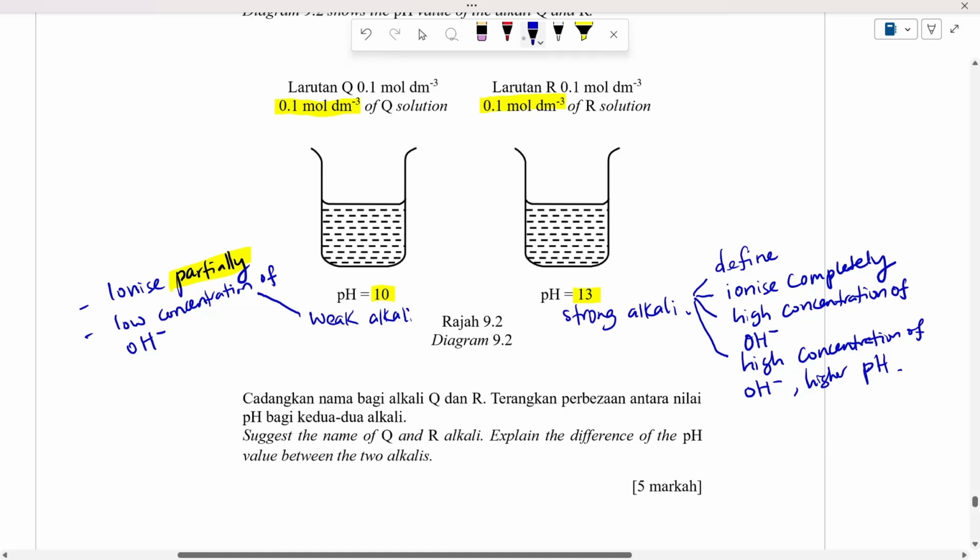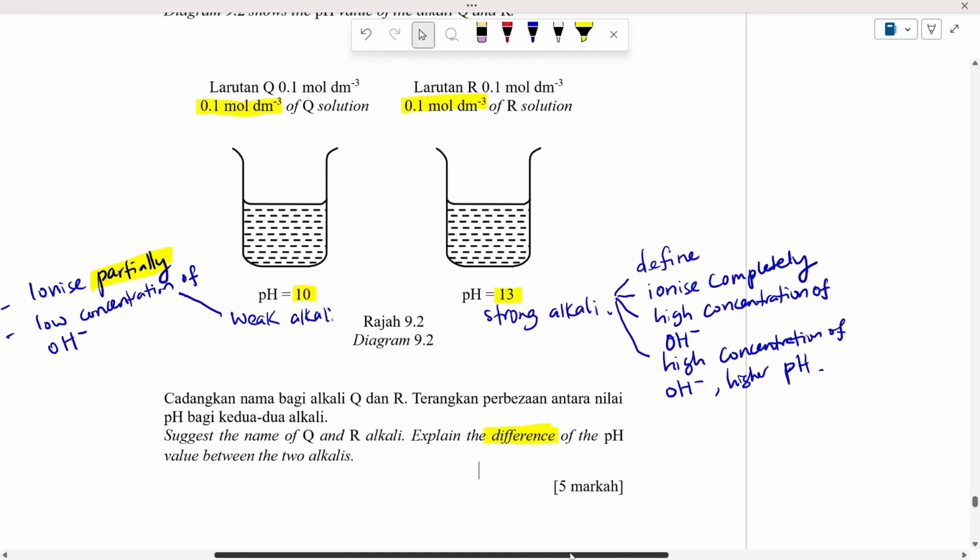Besides this, you have to know the comparison, because here you need to mention the difference. So which one has a higher pH? You have to mention R has a higher pH than Q. So 5 marks also.